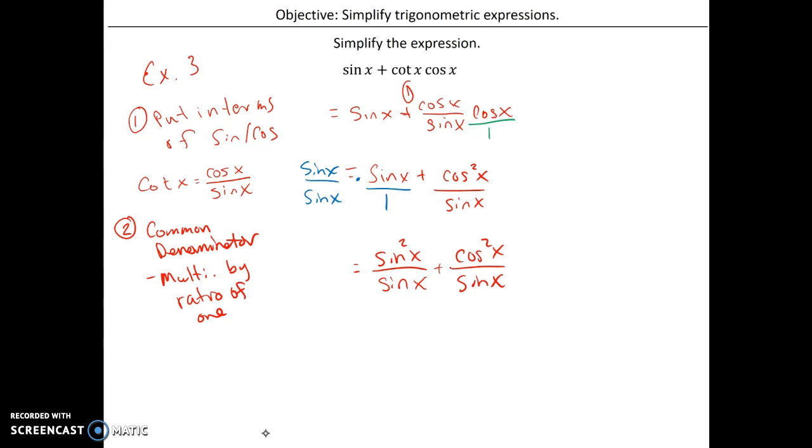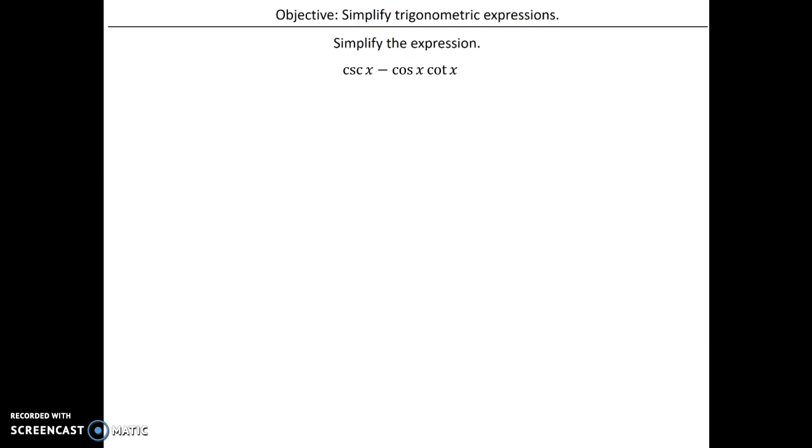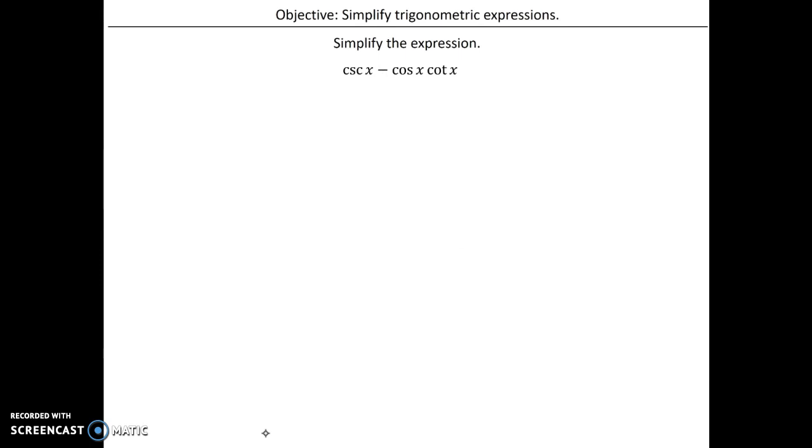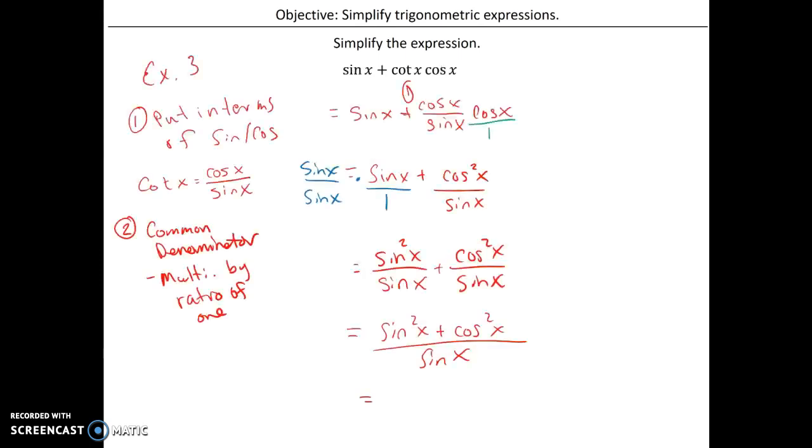Notice now that my two terms have the same denominator, and thus now I can perform addition. So I have sine squared x plus cosine squared x all over sine of x. So this is equal to 1 over sine of x.